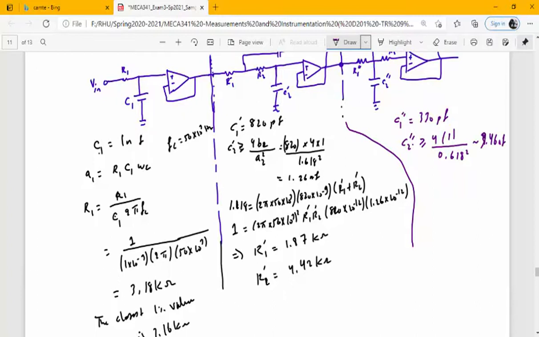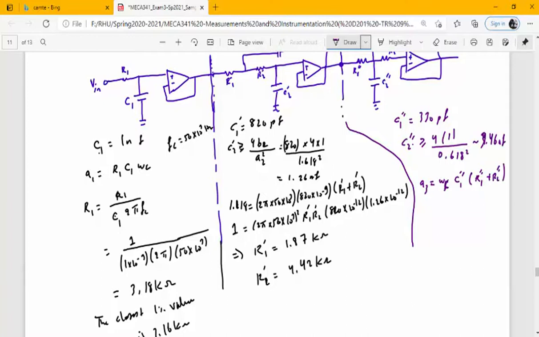And it's your job to verify R1 based on those two equations. You can use A3. A3 is equal to omega C, C1 double prime, R1 double prime plus R2 double prime.